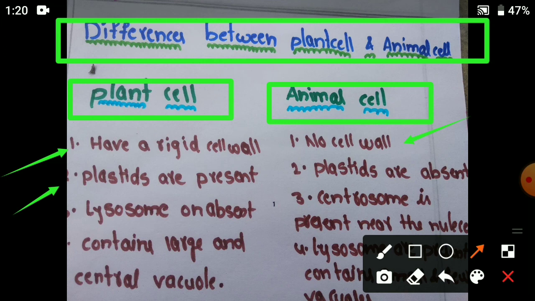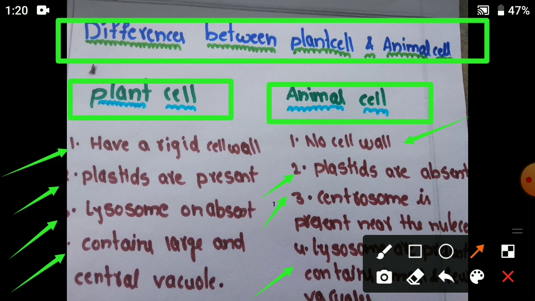Third point, lysosomes are absent in plant cells, but in animal cells centrosome is present. The centrosome is present near the nucleus.